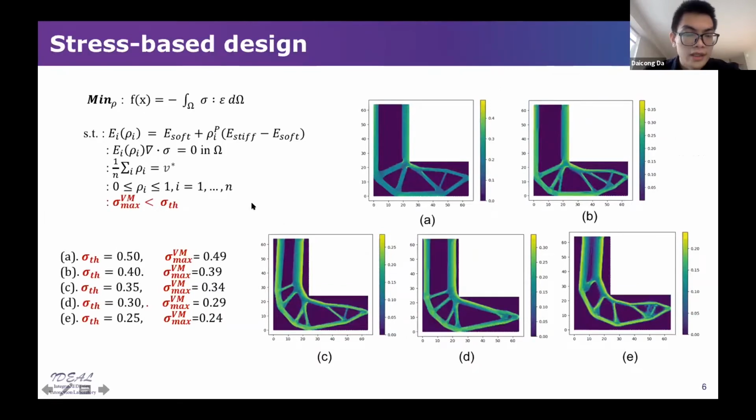However, in the other case, if you add a stress constraint, like we did here, and you set a different threshold, you can find that the optimal structure geometry is totally changed. This rectangular corner is removed. There's no stress concentration here, and the obtained maximum stress value is very close to the threshold we set previously. By doing this, we can analyze the stress effect on the final fracture performance.